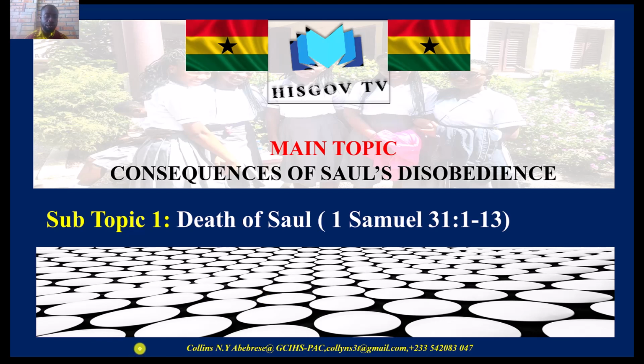So in our previous discussion on CRS, we looked at the disobedience of Saul, and we saw how King Saul disobeyed God when he was supposed to have utterly destroyed the Amalekites. But we read from the Bible that Saul did not utterly destroy all the Amalekites.